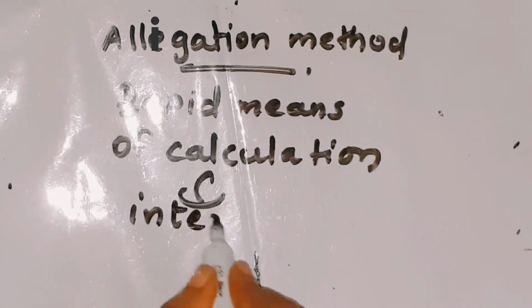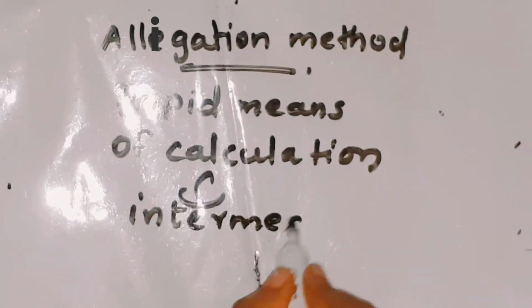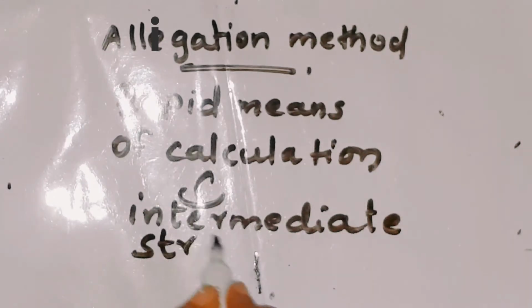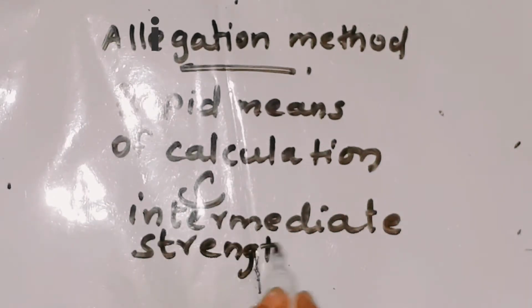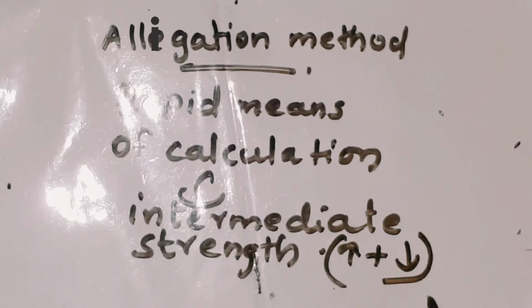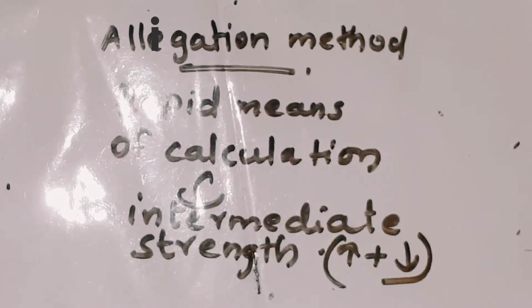So what we desire here is to make intermediate strength by mixing lower and higher strengths. And we express these in percentage, the lower, higher strengths or the required strength.